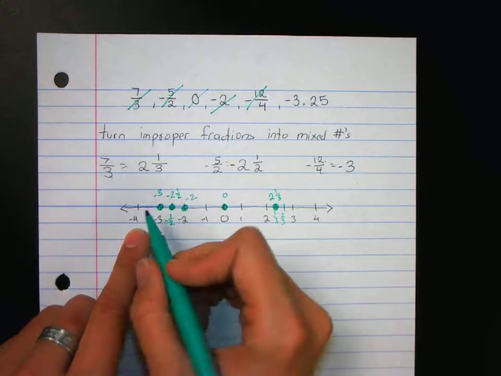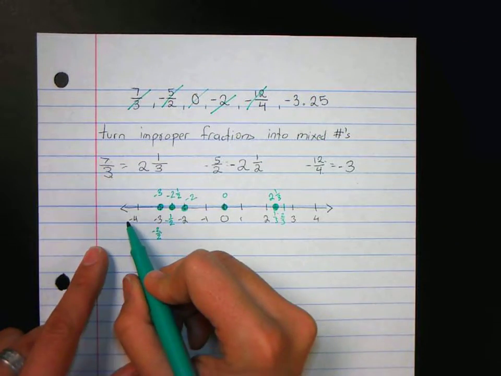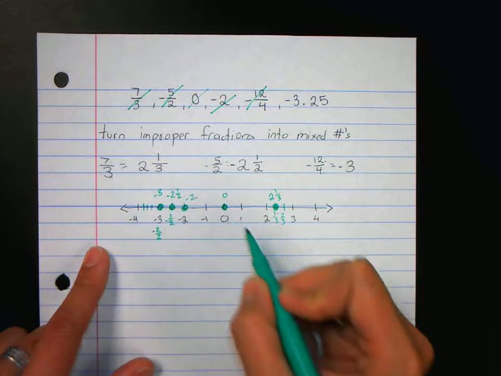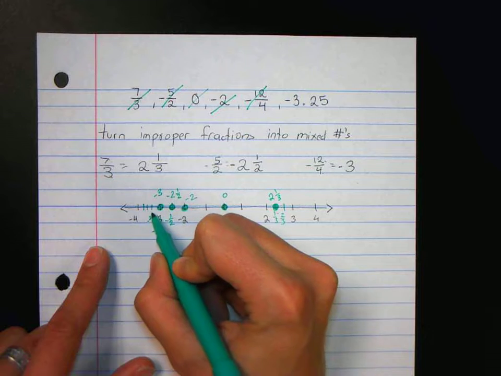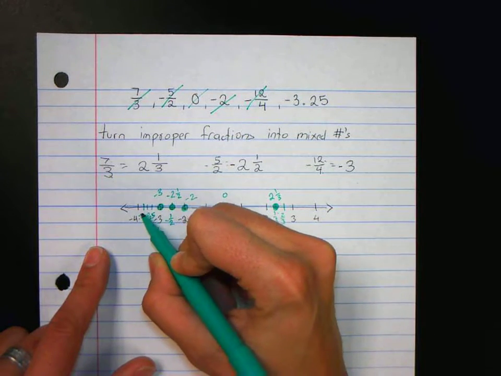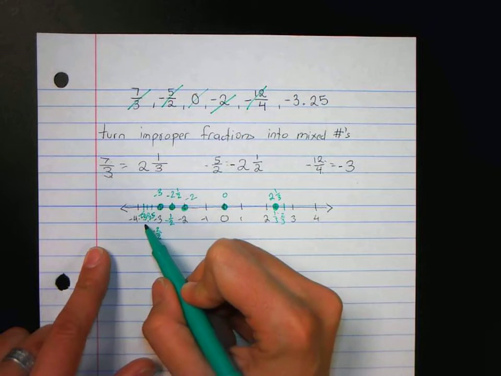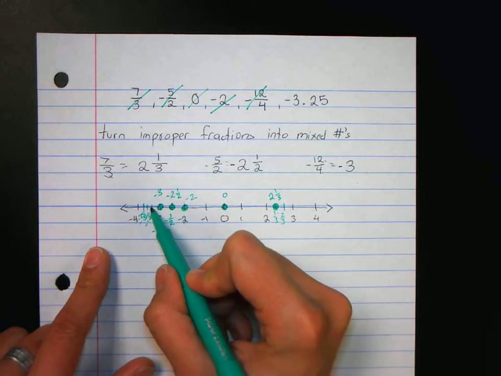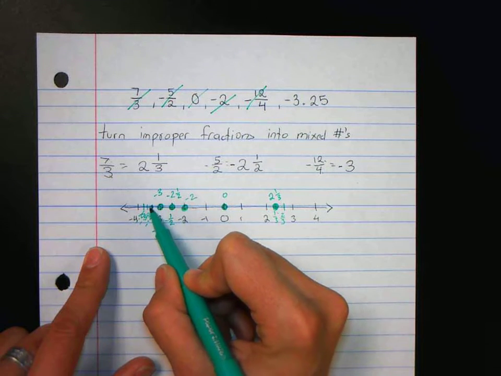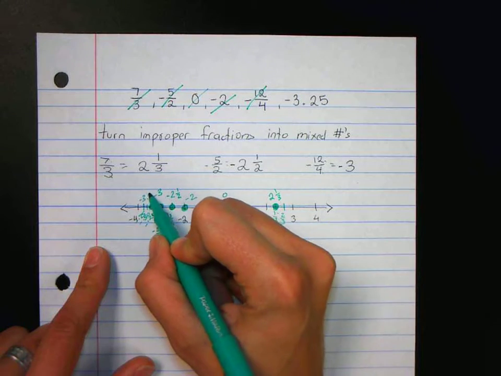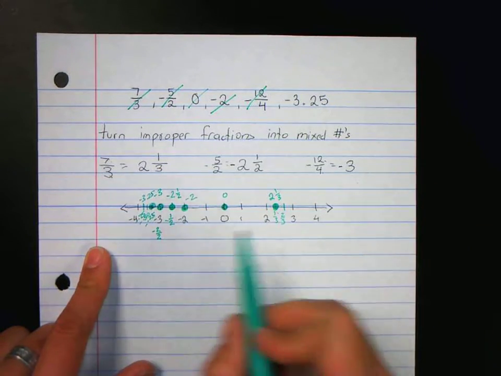So I'm going to split the space between -3 and -4 into quarters, meaning 4 pieces. And I know each piece is 0.25. So just like we did before, those are all negatives. And so I'm working with -3, and then I go to the -0.25, and that's where -3.25 is. Our negative side is kind of popular today.